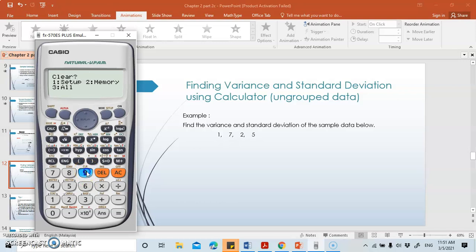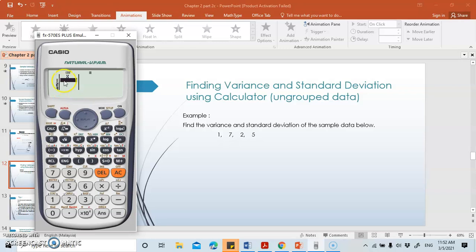So press Shift, clear, and I want to clear everything, so I'll press number 3. Now everything has been cleared. Next step is to change the mode of this calculator into statistical mode. So press mode and then number 3, and please choose number 1. Number 1 is for variance mode.